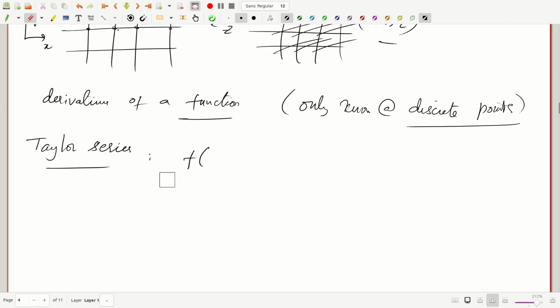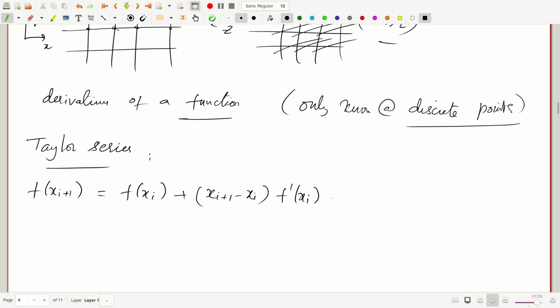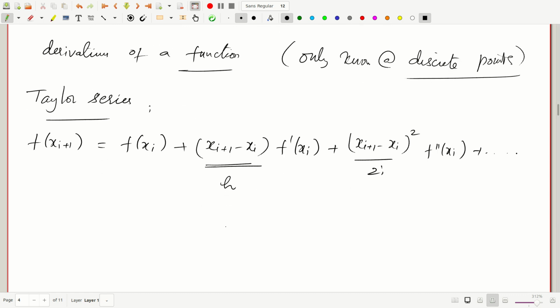Using Taylor series, you can express the function value at x of I plus 1 as f of xi, plus x of I plus 1 minus xi times the derivative of the function at xi, plus x of I plus 1 minus xi whole square by 2 factorial multiplied by the double derivative at xi, and so on. We already know that x of I plus 1 minus xi is equal to the distance h.